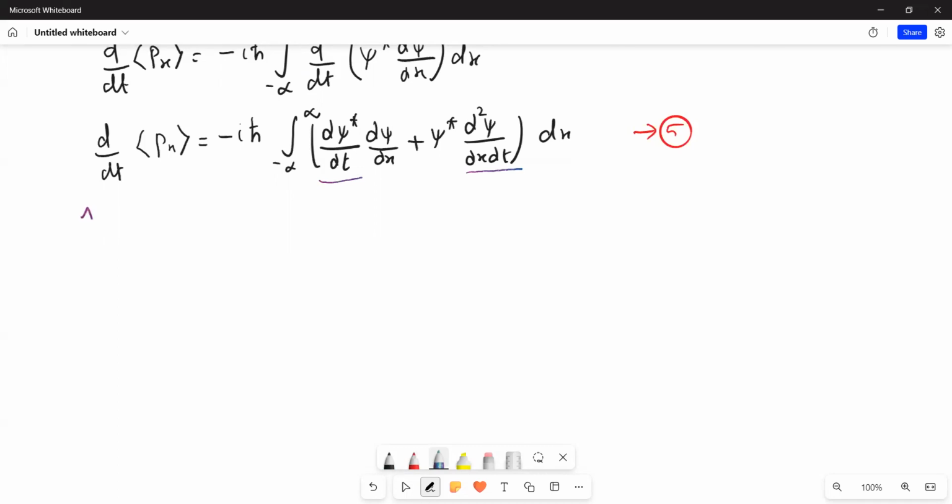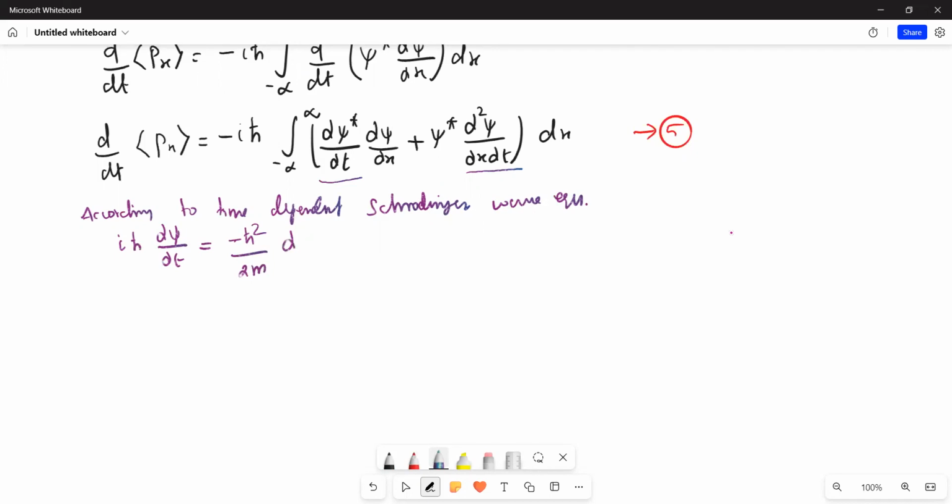According to the time dependent Schrodinger wave equation, we can write, what is that? i h cross dou psi by dou t, that is nothing but minus h cross square by 2m dou square psi by dou x square plus V psi. This is one equation. Consider equation number 6.